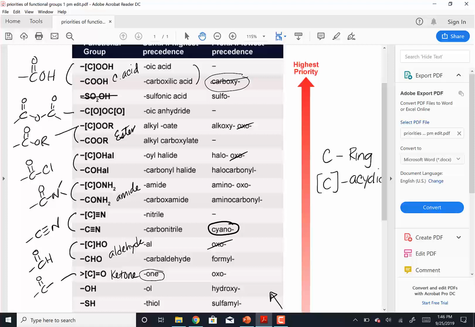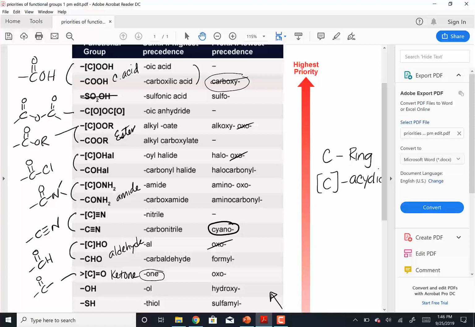It'll have the suffix when it has the highest precedence, with an acyclic system and with a cyclic system, and then what happens if it's a lower priority. And so then that table will be what we can use to put our names together.